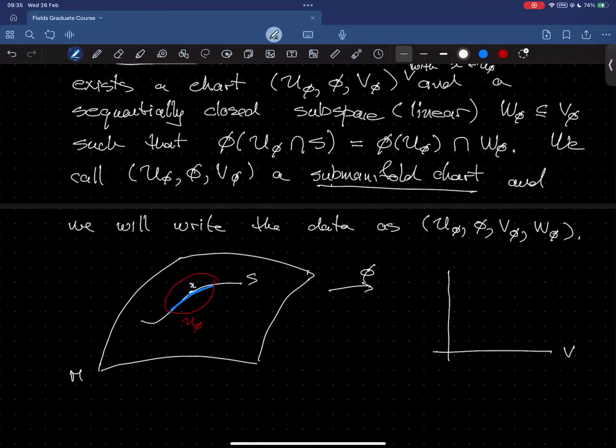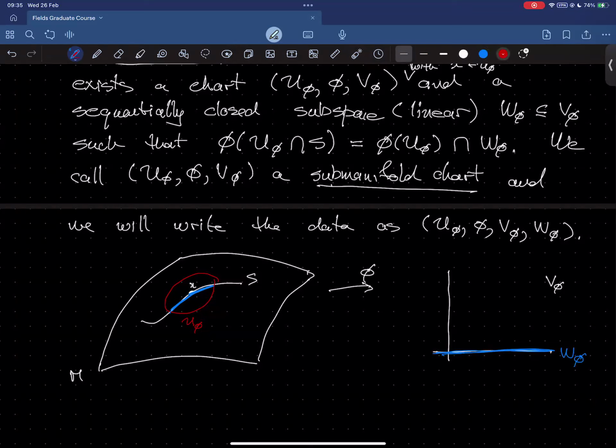Let me not draw it there. V phi is the locally convex space in which phi takes its values. Sitting inside V phi, I'm going to have a subspace, W phi, which I will put in blue. So this is W phi.